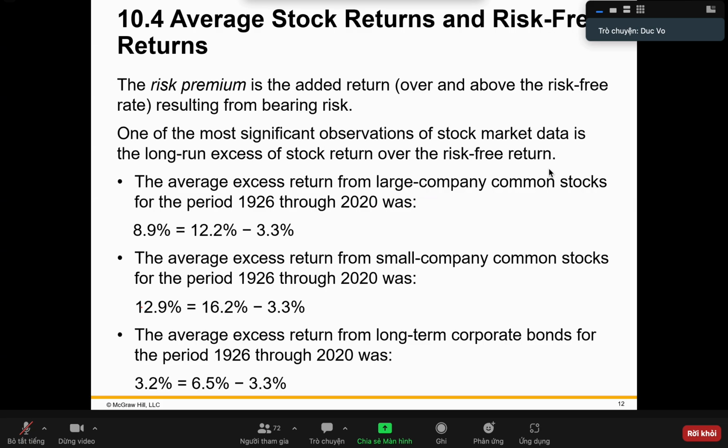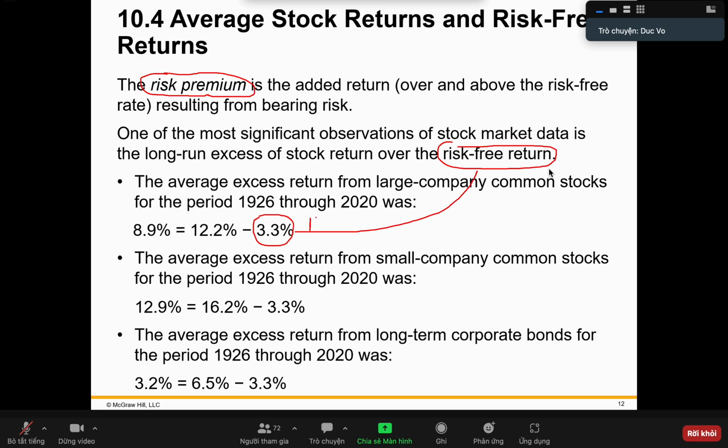Now I go to a very important concept. I want you to be mindful. The first one is the risk-free return. And the second one is the risk premium. What do we mean when we say something like that, right? If you buy the bond issued by the US government, you earn about 3.3%. I just use that number, okay? So that represents the risk-free return.